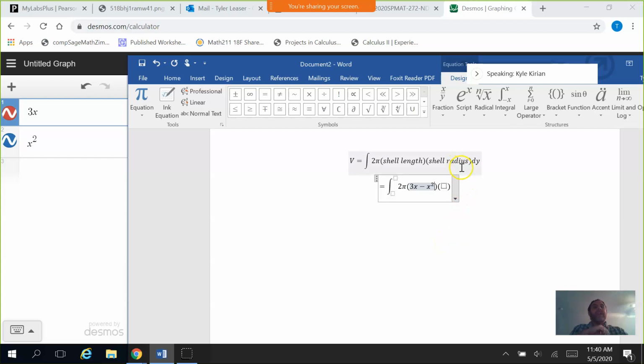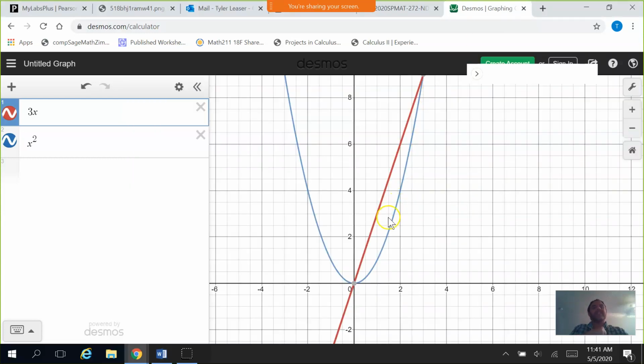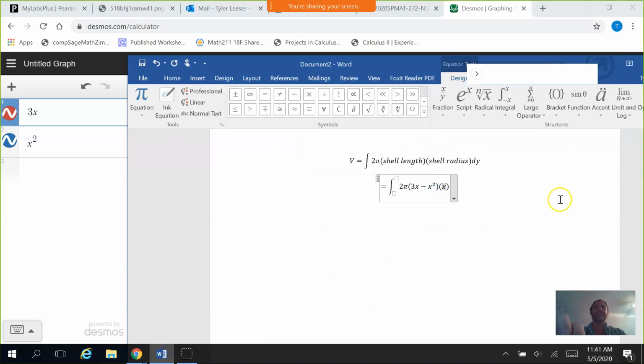The shell radius is going to be the distance from each of the slices to the axis of rotation. My slice is located at x, so it is x units away from the axis of rotation. So my shell radius for this example is just x.